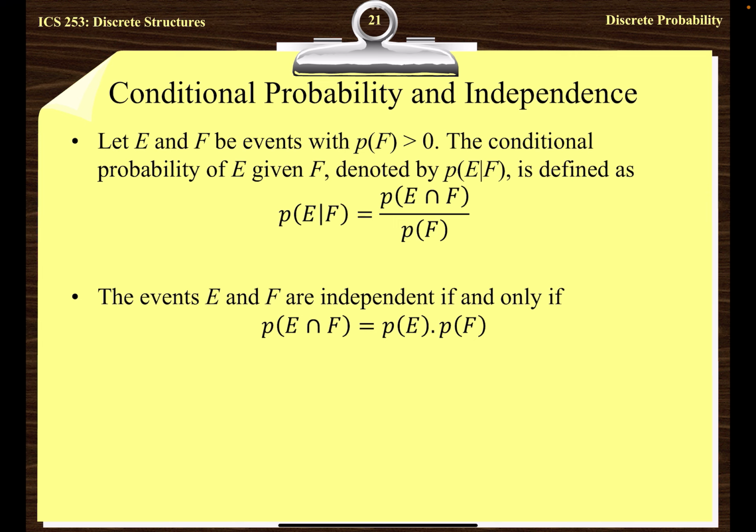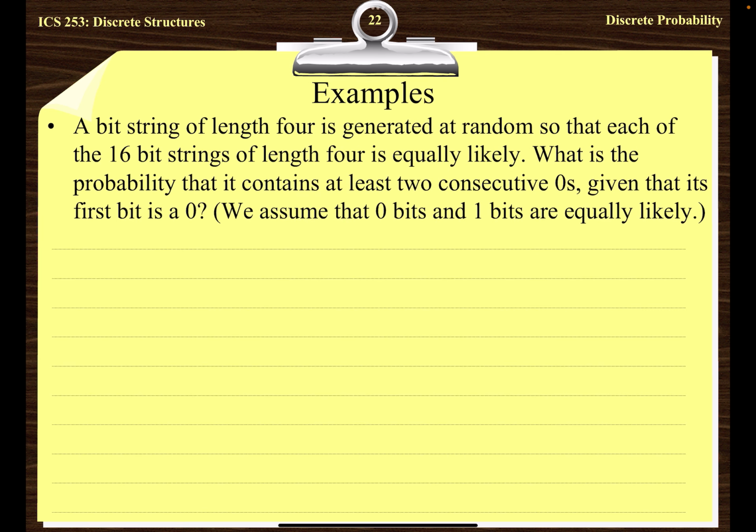One way is to find the probability of E intersection F and check whether it is equal to the product of the probability of E times the probability of F. The other way is, if you are given the probability of E given F and it turns out to be the same as the probability of E, you will also conclude that E and F are independent.